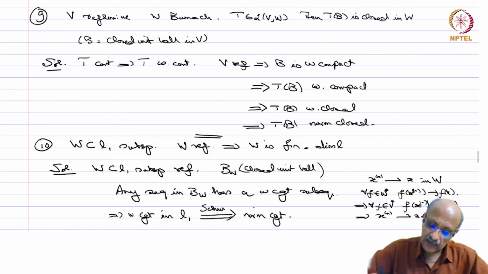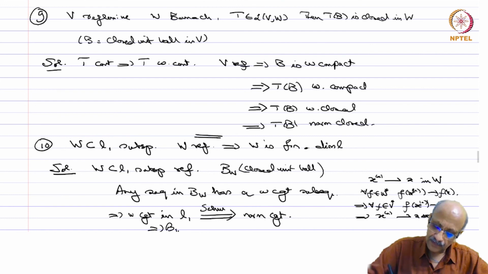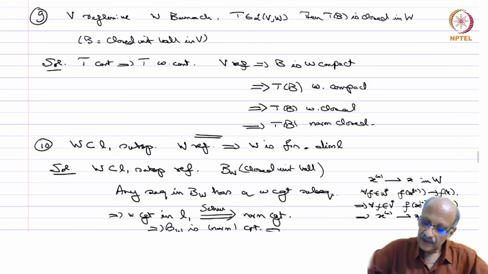So any sequence has a norm convergent subsequence, and this implies that BW is norm compact, and that implies W is finite dimensional.